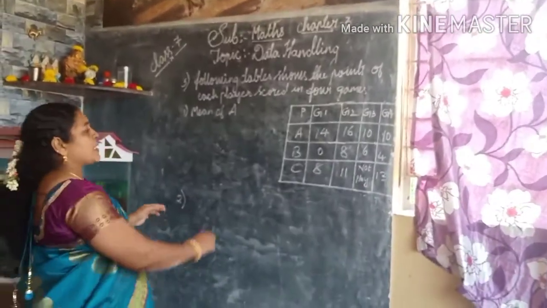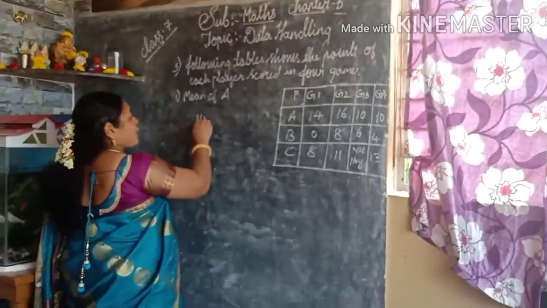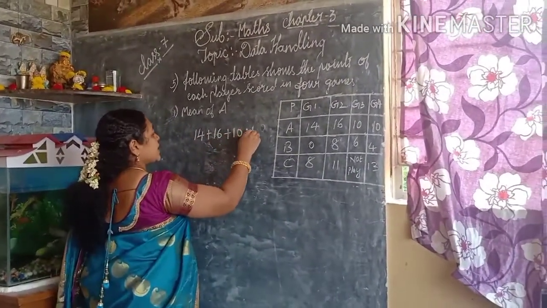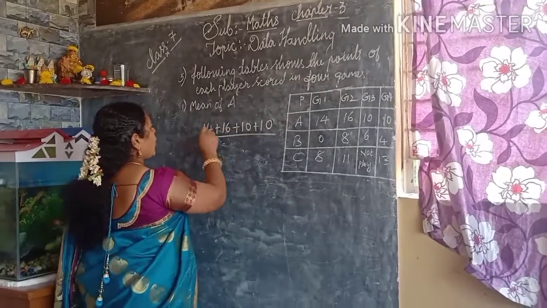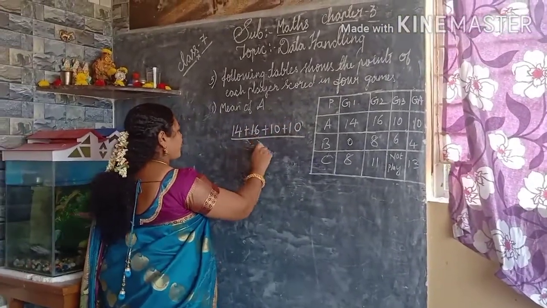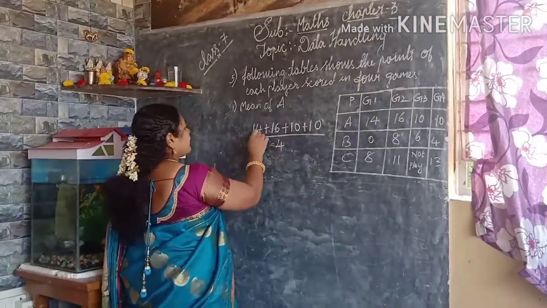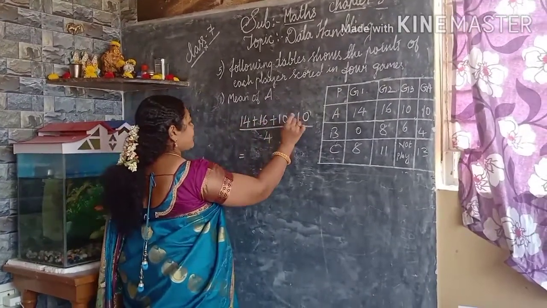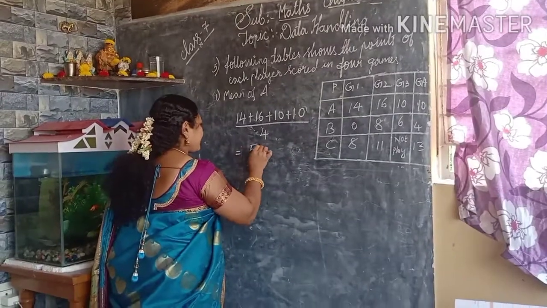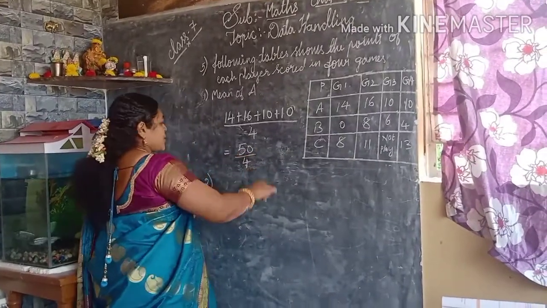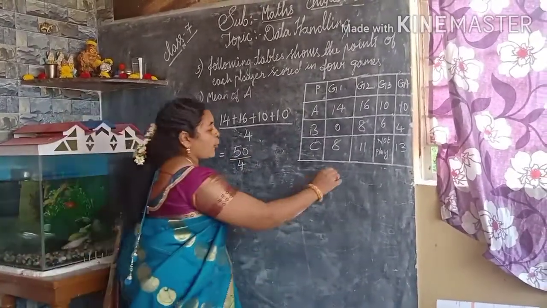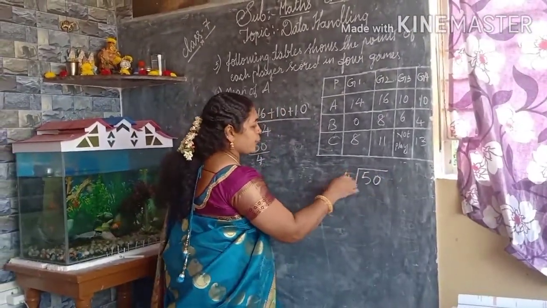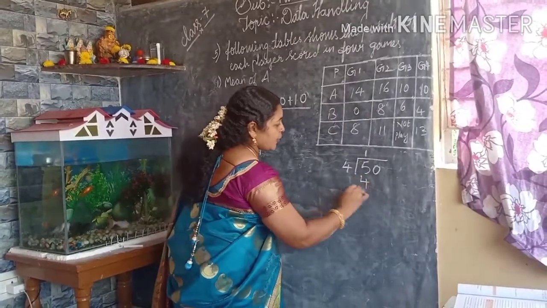To find out the mean of A, we have to just add 14 plus 16 plus 10 plus 10 divided by 4. So let us add 4 plus 6, 10. 1, 2, 3, 4. So we get here 50 by 4. When we have to divide 50 by 4, 4 ones are 4.